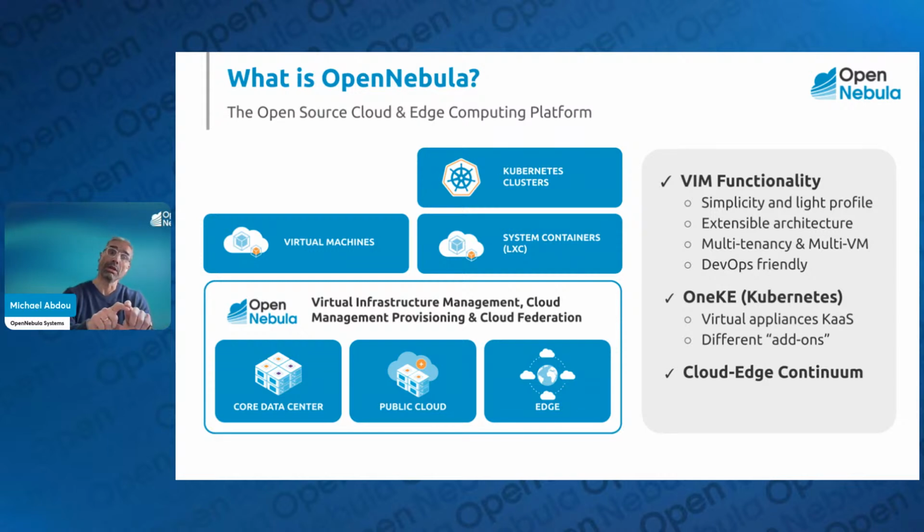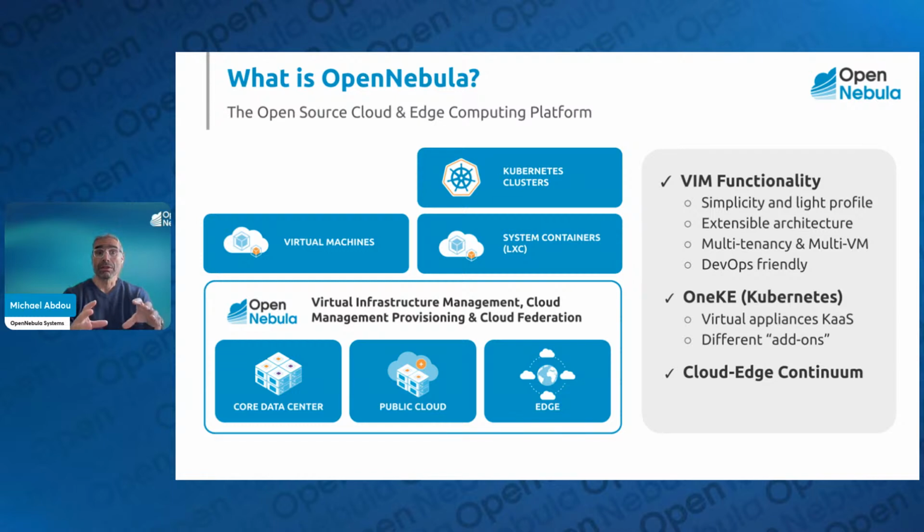OpenNebula will sit on top of all of those types of cloud resources and give you the ability to manage virtual machine workloads, system containers, as well as orchestrate your Kubernetes clusters.